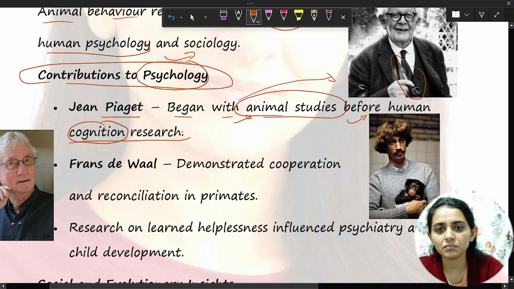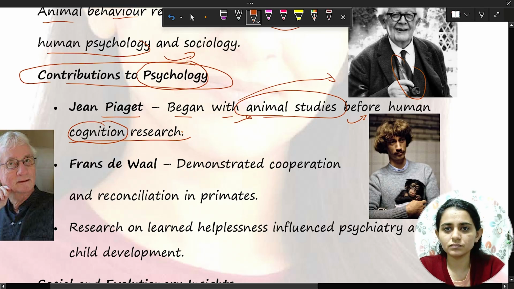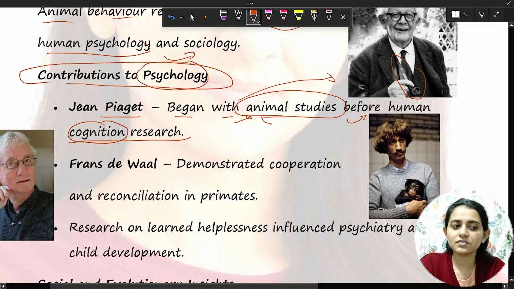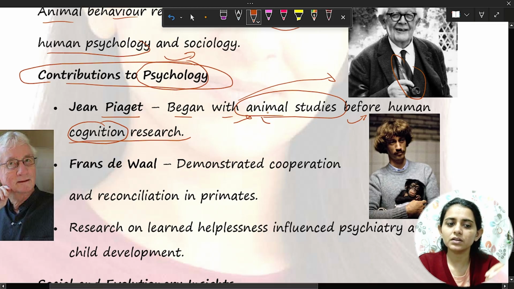When there is some disease in humans, like Down syndrome or mental retardation, we can understand that particular person with animal studies.